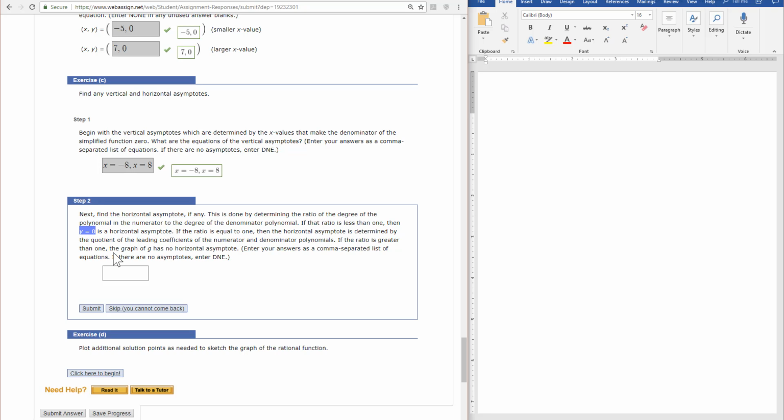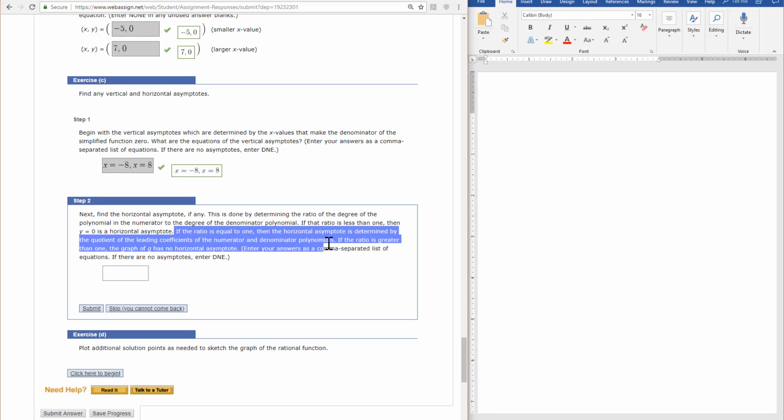If the degree of the denominator is larger than the degree of the numerator, then your horizontal asymptote is going to be 0. If the degrees are the same, then the horizontal asymptote is determined by the leading coefficients of the numerator and the denominator. And if the degree on top is larger than the degree on the bottom, then we have no horizontal asymptote.